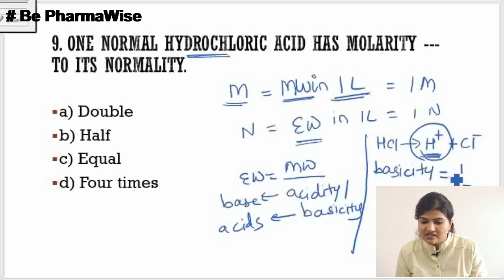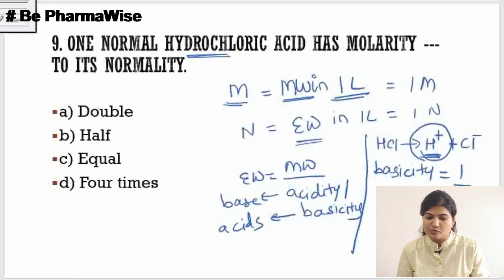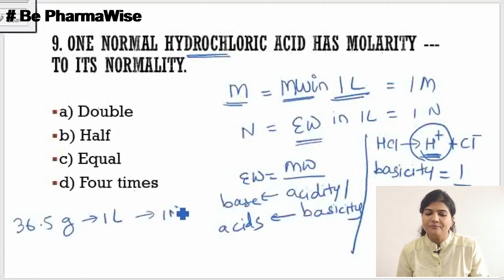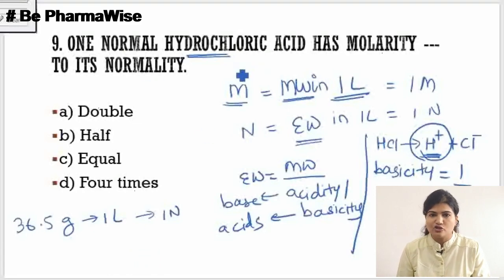So here basicity is 1, so equivalent weight for HCl will be molecular weight upon 1. Its molecular weight is 36.5, by 1 comes 36.5. So equivalent weight is 36.5. So if I dissolve 36.5 gram HCl to make 1 liter solution, the concentration will be 1 normal. So one normal HCl solution we have prepared.